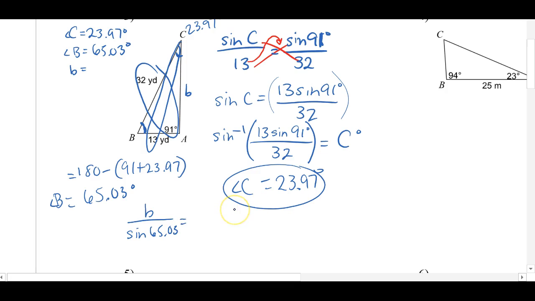And that's going to be, we're going to use the pair of 32 over 91. So we'll put sine of 91 there. And again, we're going to cross multiply, so we'll just move that sine of 65.03 to the right. And we get 32 times sine of 65.03 over sine of 91. That will tell us our last side.